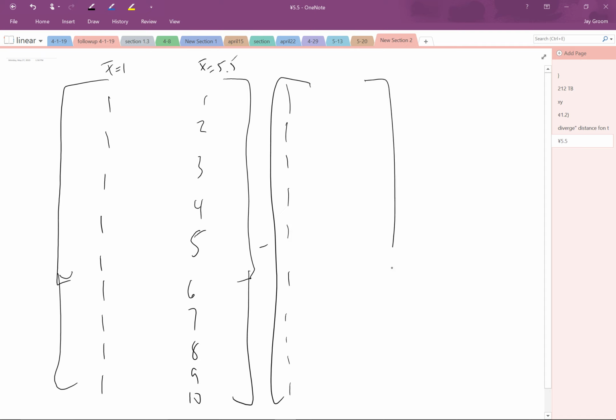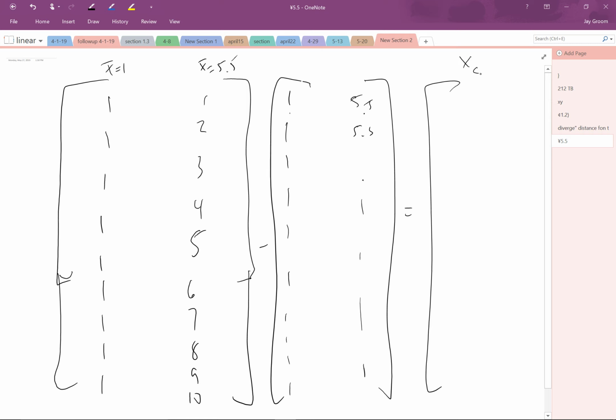You're creating what we call a centering matrix. So this ends up being 0.